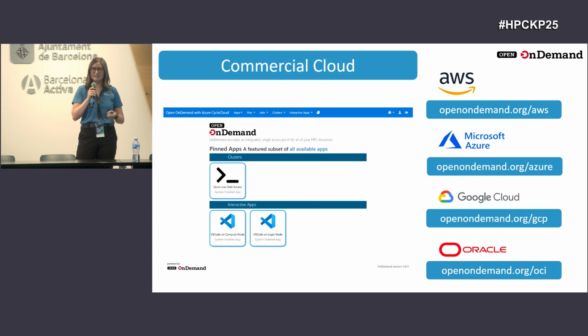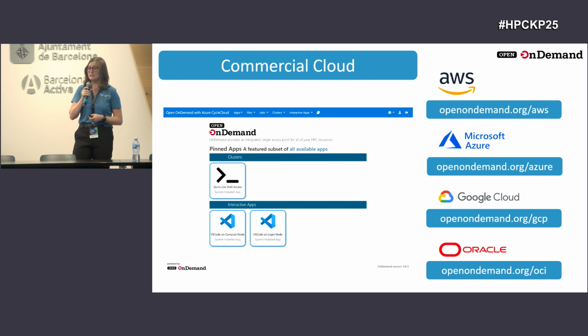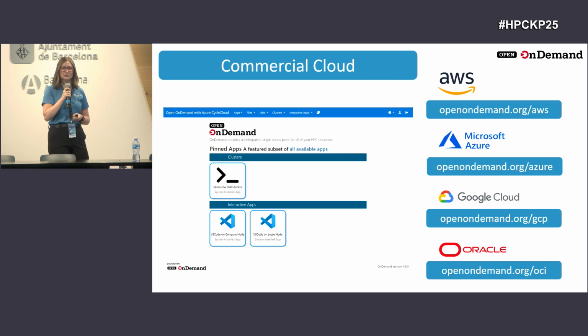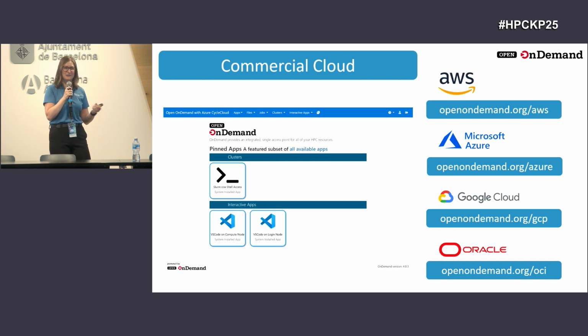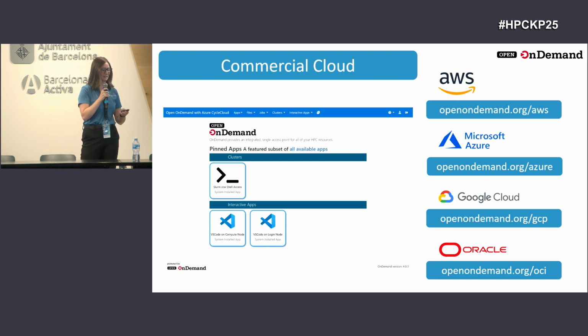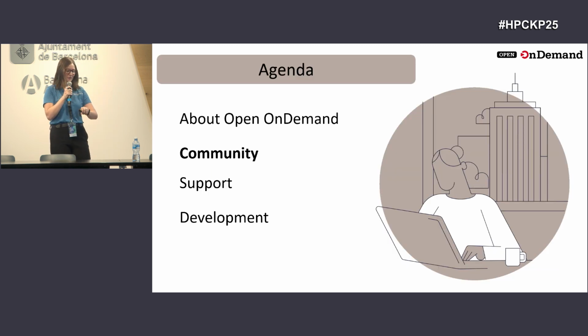And this screenshot is actually from the recent general release of OnDemand on Azure CycleCloud with Slurm integration. And so if you're interested in how to stand up Open OnDemand through Azure CycleCloud, there's a new blog post, I think as of a week or so ago, on how to do that with VS Code and Slurm integration. So very fascinating. So that's a little bit of an overview.